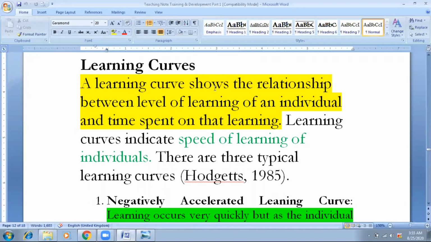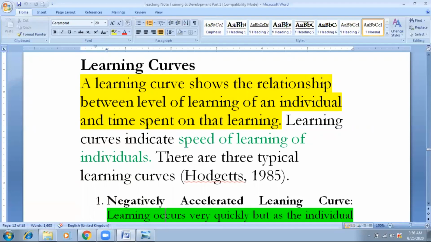So learning curves indicate speed of learning of individuals. Speed of learning of individuals.